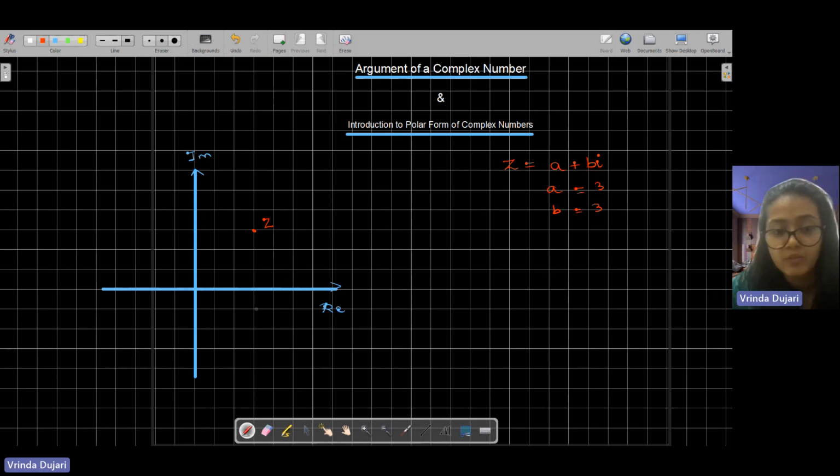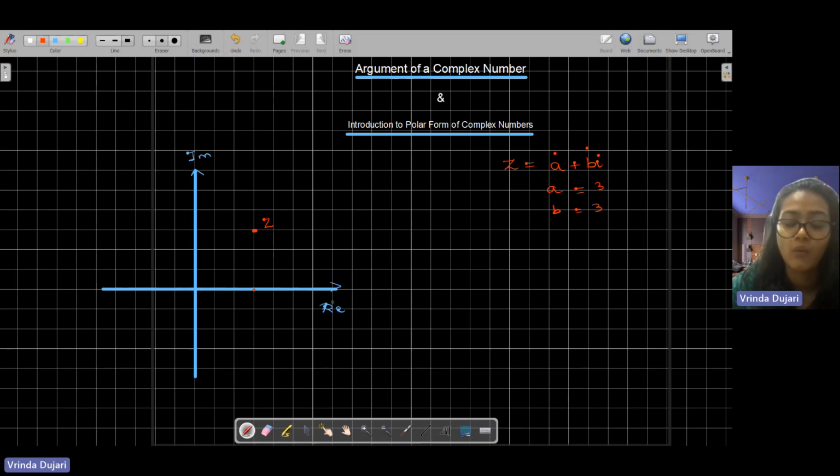So I just have to move 3 units on the real axis and 3 units on the imaginary axis, and that would give me the position of my complex number, right? So if I know the values of a and b, I know the position of my complex number in the complex plane. So this is the first way of representing a complex number on the complex plane.